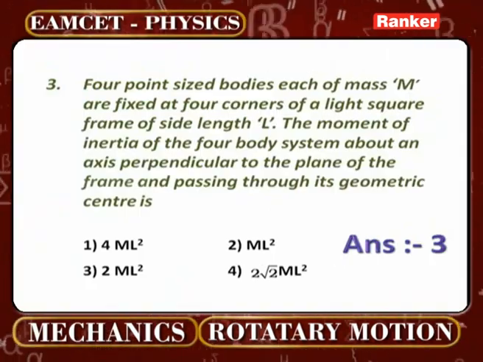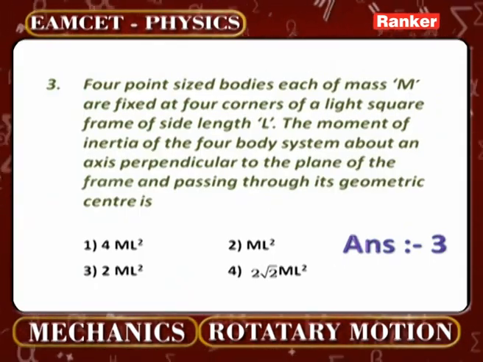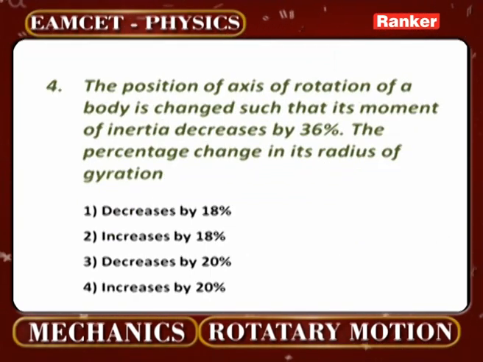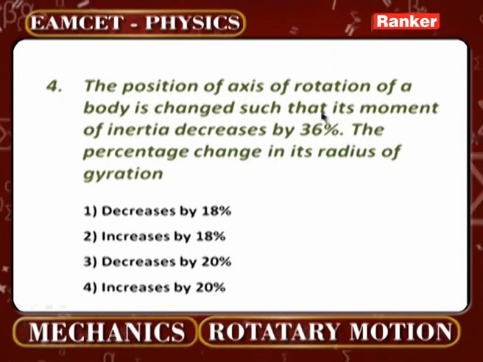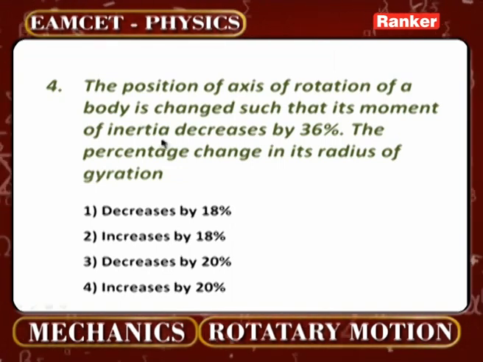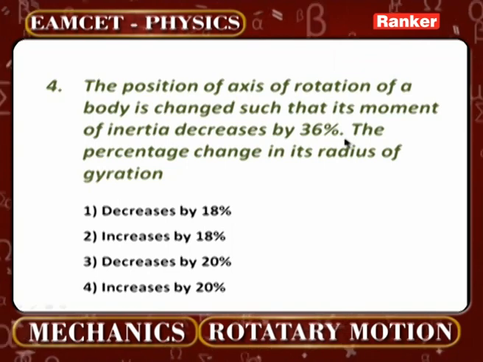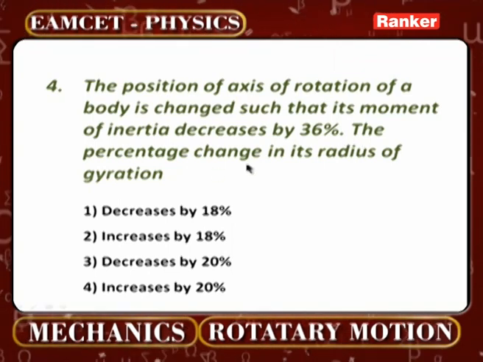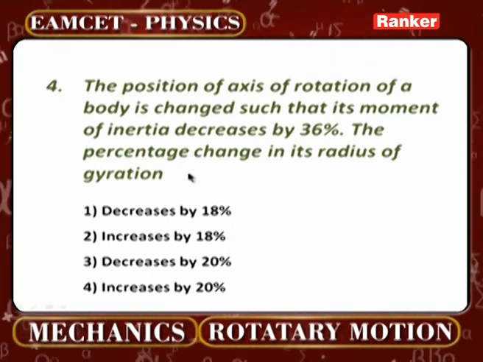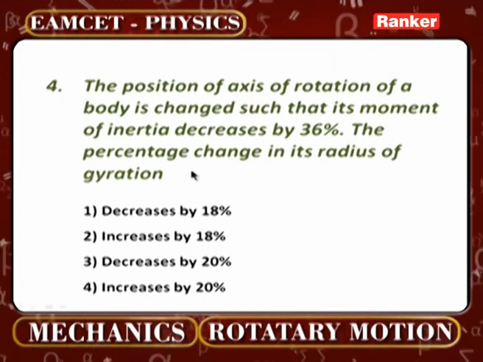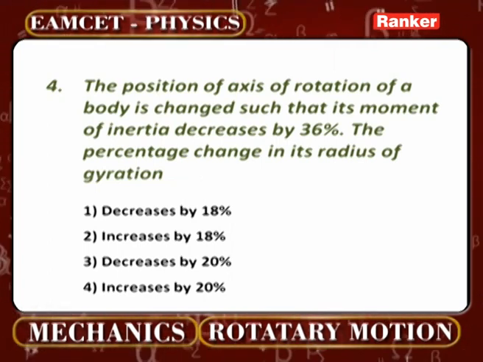Now let us switch over to the next number, that is 4th problem as such. The position of axis of rotation of a body is changed such that its moment of inertia decreases by 36%. The percentage change in its radius of gyration will be how much? One particular method I just want to mention over here.